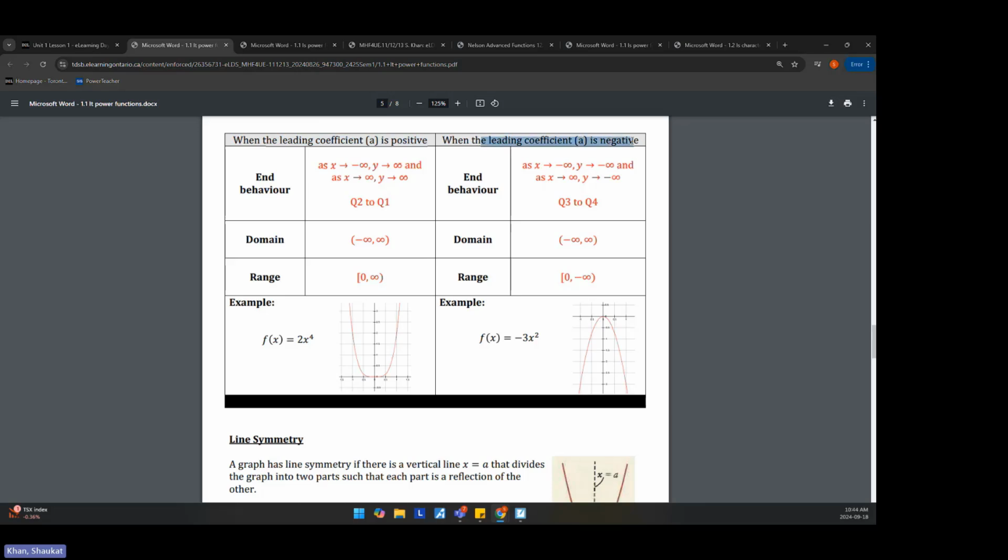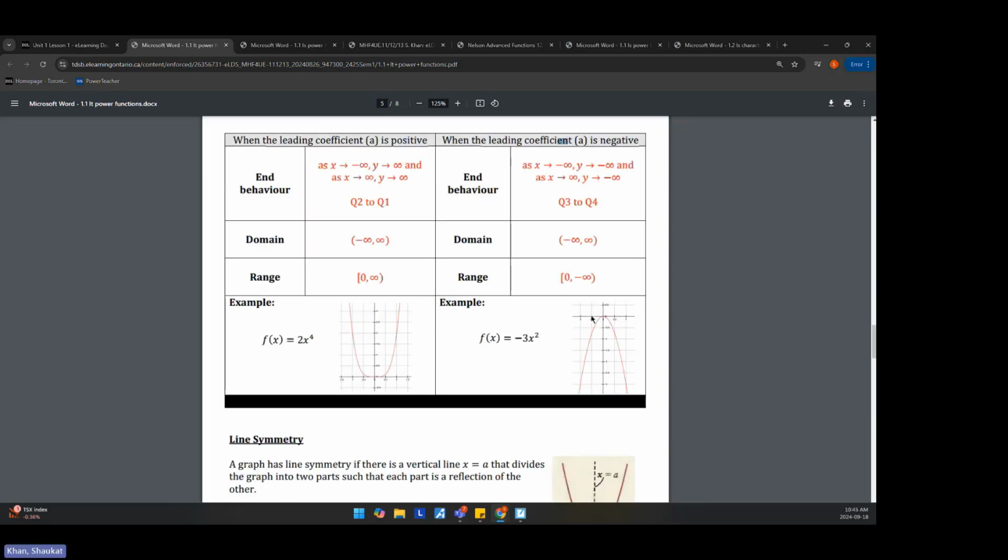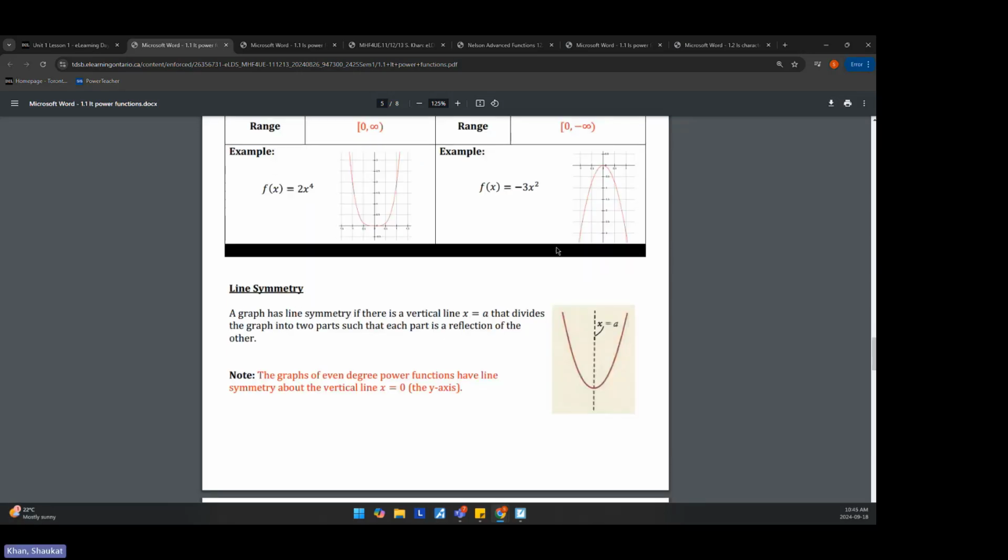When the leading coefficient is negative, then y is going to negative infinity both times. Domain is always x ∈ ℝ, and range is either 0 and bigger, or 0 and smaller, depending on if it's reflected up or down. And these are examples of even degree power functions.